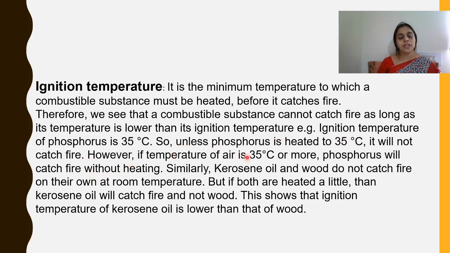However, if the temperature of the air is 35 or more, phosphorus will catch fire without heating. Similarly, kerosene oil and wood, as we discussed in the previous slide, do not catch fire at room temperature. But with slight heating, kerosene oil will catch fire but not wood. So this shows the ignition temperature of kerosene oil is lower than wood.